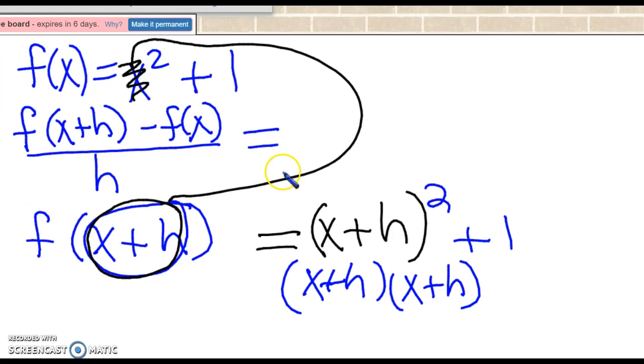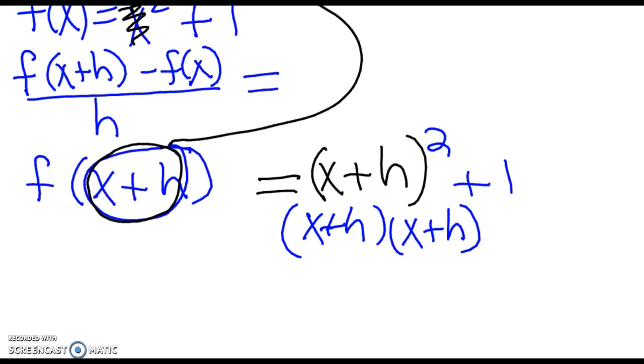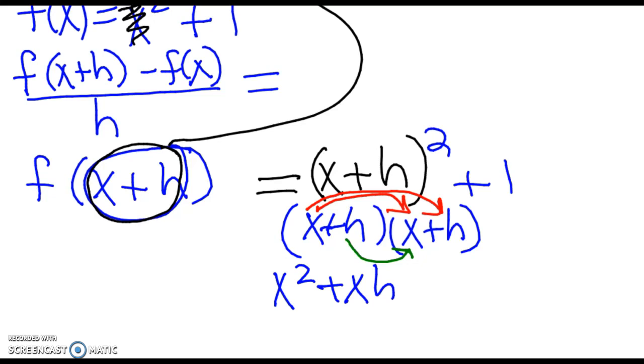So we're going to FOIL this. I like to just use distribution, so that's how I'm going to discuss it. X times x is x squared. X times h is xh. And then we also have to distribute the h times x is also xh.